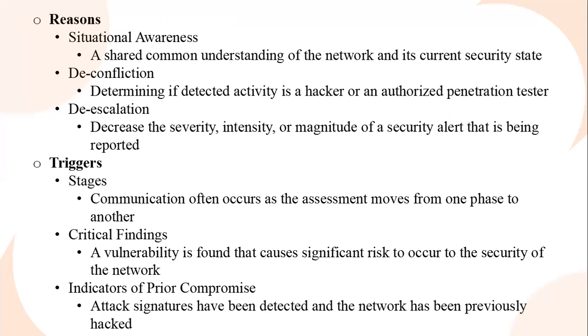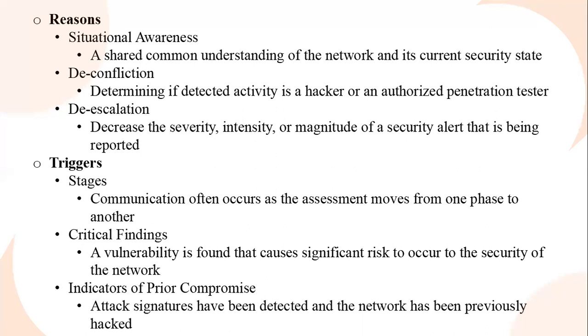Triggers, stages. So you have communication that occurs at the assessment, moves from phase to phase: critical findings, a vulnerability you found, indicators of prior compromise. In terms of prior compromise, at times you are called to carry out pen testing. It's good that you ask a lot of questions to understand the real motive behind it, apart from just regulatory issues and the rest.